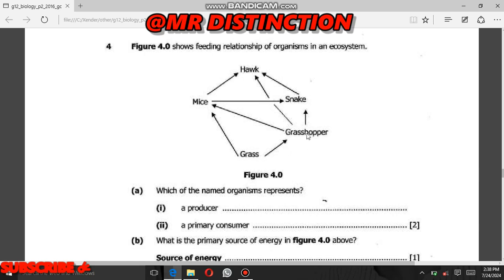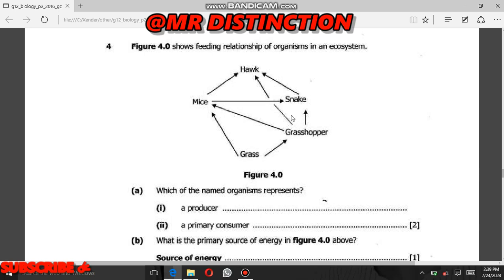As we can see, this is grasshopper, this is primary consumer. Then if we use this route, this is secondary consumer. Then this is tertiary consumer, because it is feeding on this secondary consumer if we use this route. So snake is qualified to be called a secondary consumer, at the same time a tertiary consumer. Also hawk, if you can see clearly, hawk is feeding on this primary consumer.